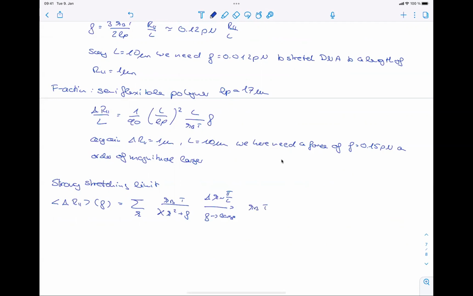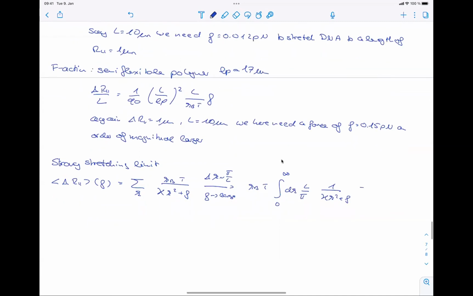Let me just pull out L, where my sum over k's becomes an integral dk over pi, 1 over kappa k squared plus F, that can be solved to pi squared over 4 kappa F, which we can briefly rearrange to be L kBT over F LP.